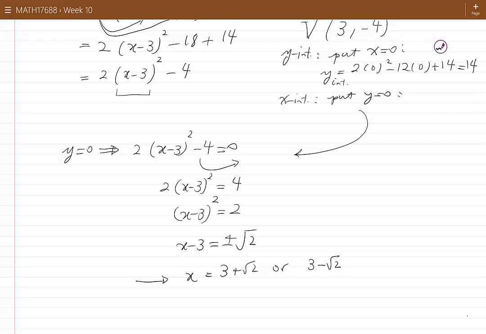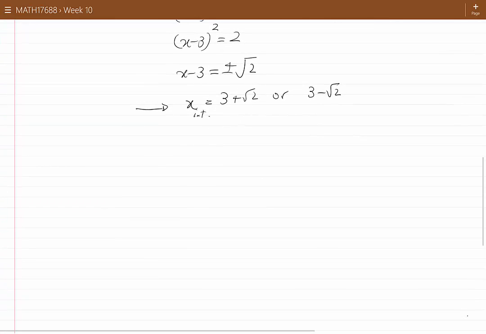These are the x-intercepts. Let's now look at the second example. The second example says y is equal to minus 3x squared plus 6x minus 4.